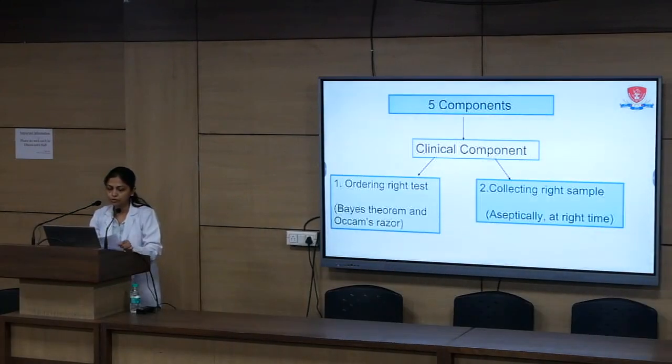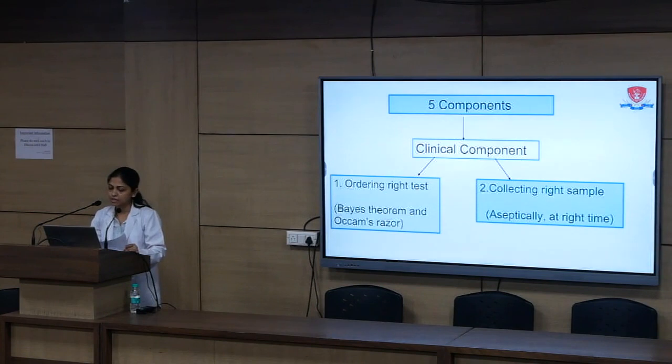Out of which the first 2 components depend upon the clinician's approach towards the patient according to their signs and symptoms, or the area in which that disease is prominent or endemic, or a particular season, like monsoonal or post-monsoonal season, etc., to reach some probable differential diagnosis.